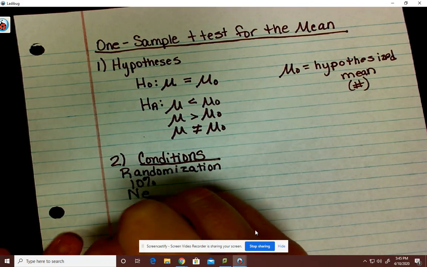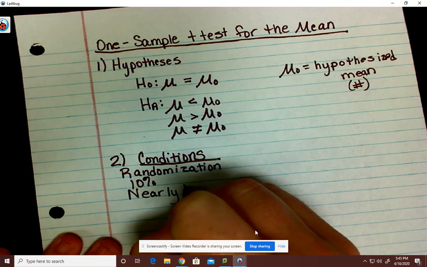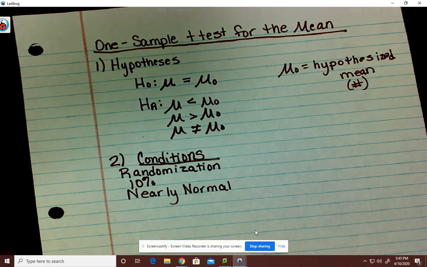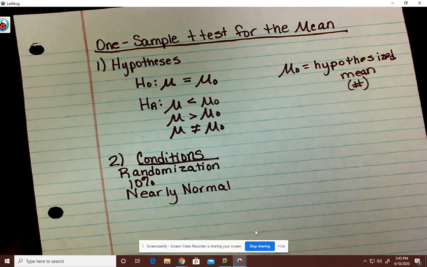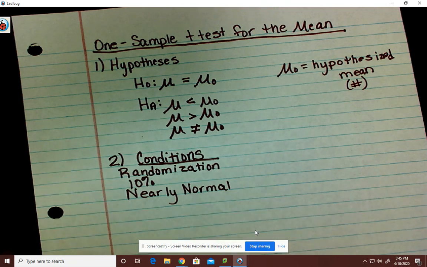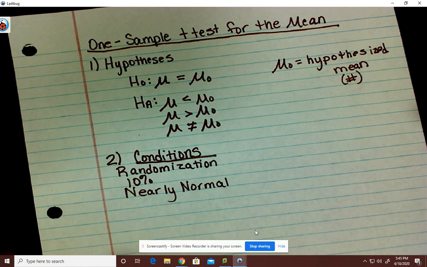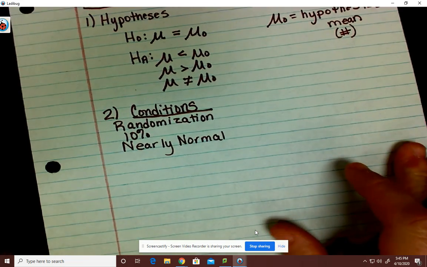But we do have nearly normal, just like we had with our confidence intervals for means. And again, with nearly normal, your distribution needs to be unimodal and fairly symmetric. You may be given a histogram. You may have to actually draw a histogram on that. So you'll have to take a look at that. Then you write your statement.